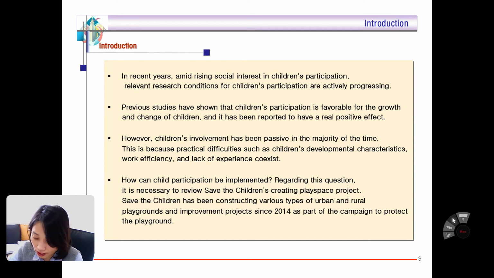Regarding this question, it is necessary to review Save the Children's Creating Play Space project. Save the Children has been constructing various types of urban and rural playgrounds and improvement projects since 2014 as part of a campaign to protect the playground.